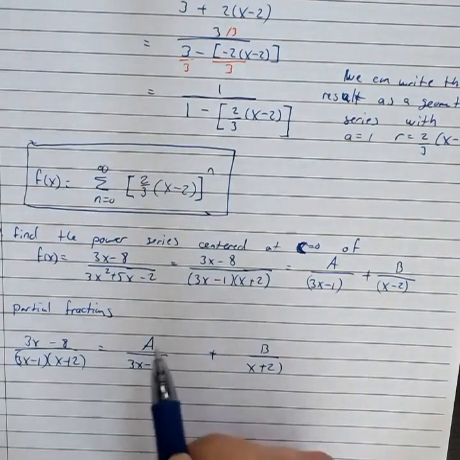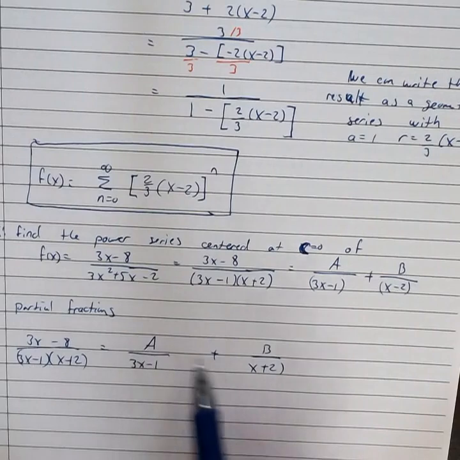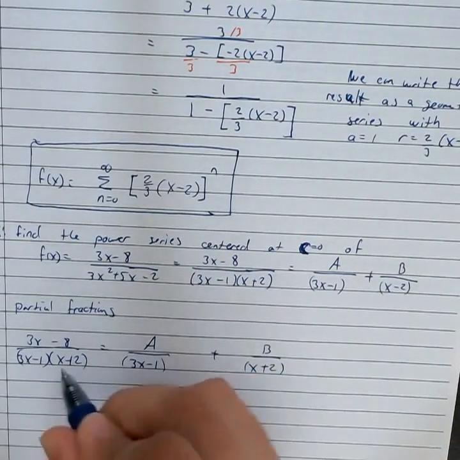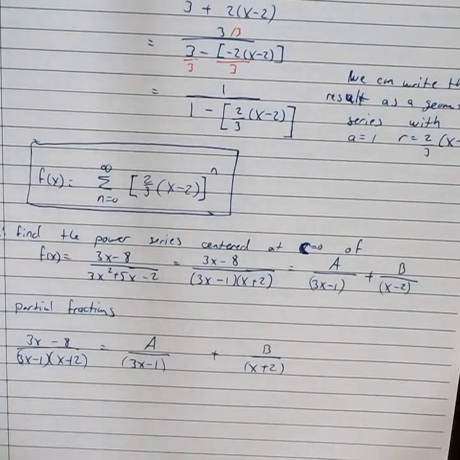All right? Here we have distinct linear factors, which means my numerators are just going to be constants. Each of these factors will get a chance to be a denominator, and the numerators will be constants.